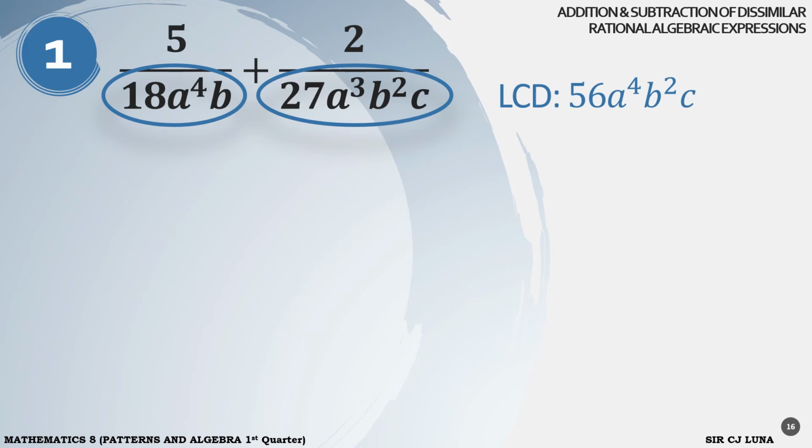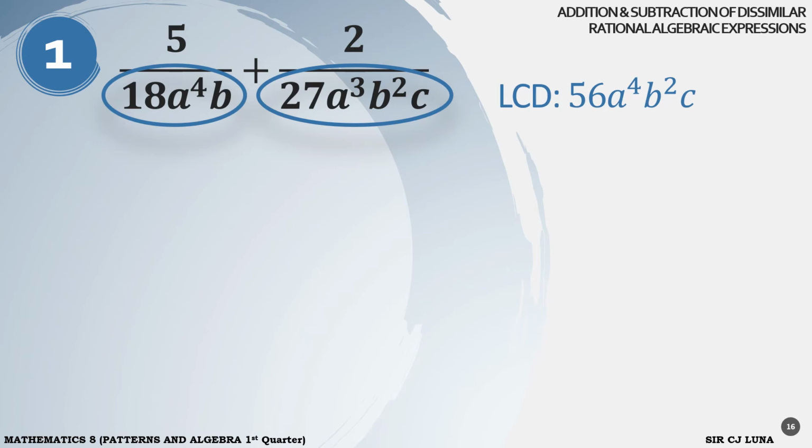And then we have the variables. Variable a raised to 4, a raised to 3. Ano ang LCM ng a raised to 4, a raised to 3? Ganito yan. Kapag variables, kukunin mo yung mas mataas na exponent. So we have a raised to 4 and a cubed. What will you get? Okay, that is a raised to 4.